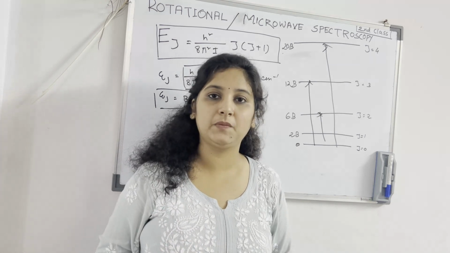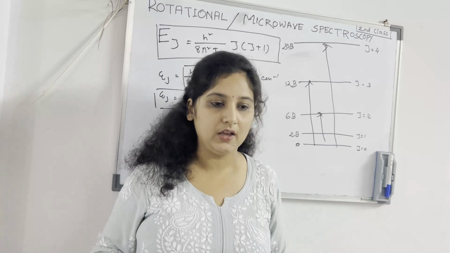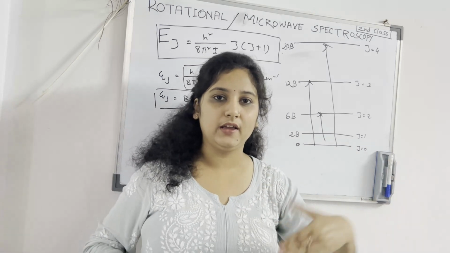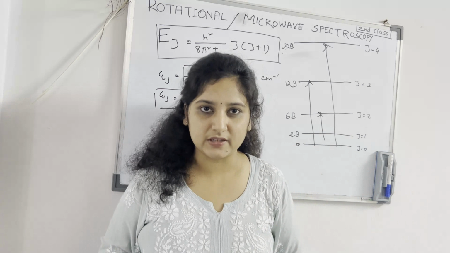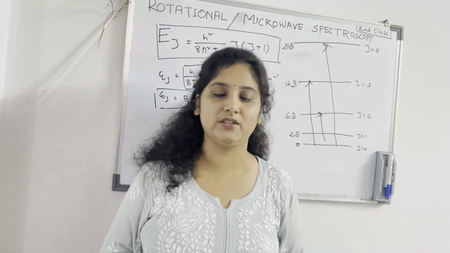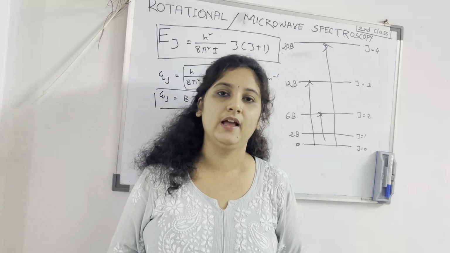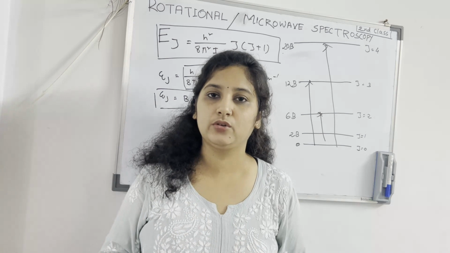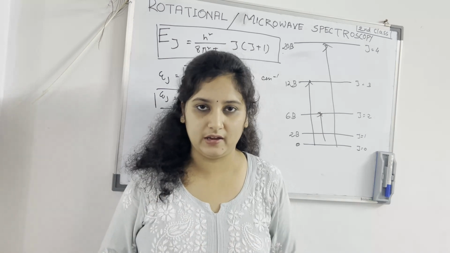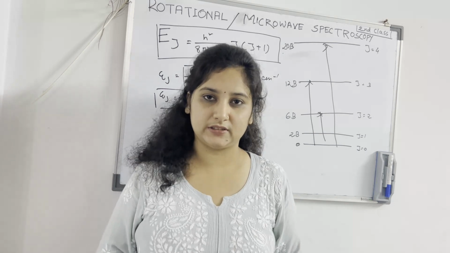Then if there is no selection rule, then the situation will be very much complicated. So we cannot tell from where to where the transition takes place. That's why, very interestingly, and we are very lucky as a chemist कि स्पेक्ट्रोस्कोपी में कुछ सिलेक्शन रूल होता है और मॉलिक्यूल वो सिलेक्शन रूल वाइज एनर्जी को एब्जॉर्ब करते हैं और एनर्जी को एमिट करते हैं.